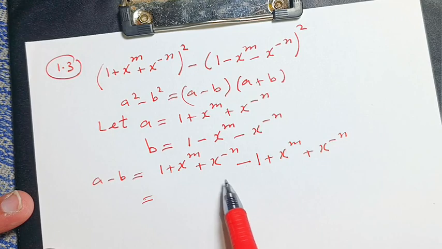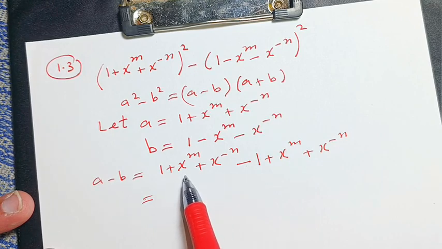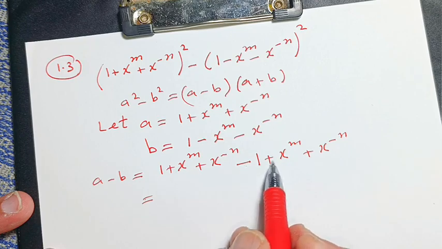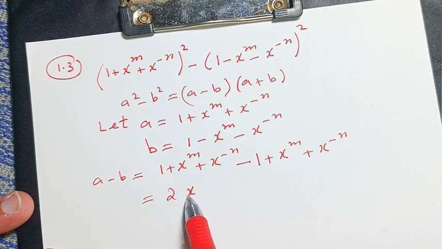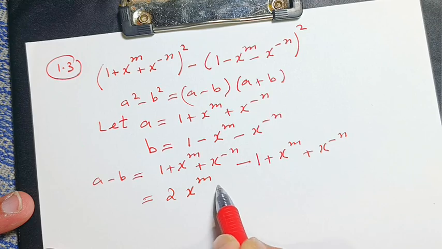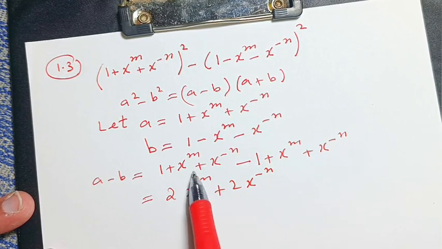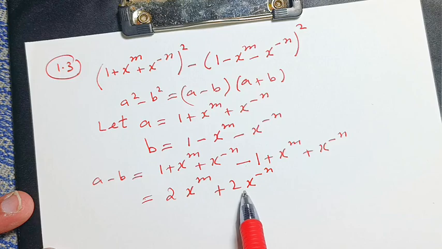Now I'm going to simplify here. Only this positive and negative cancel. So we have now 2x power m plus 2x power negative n.